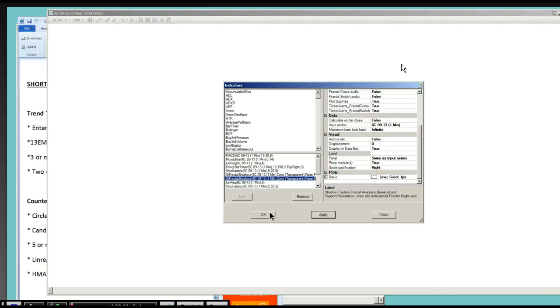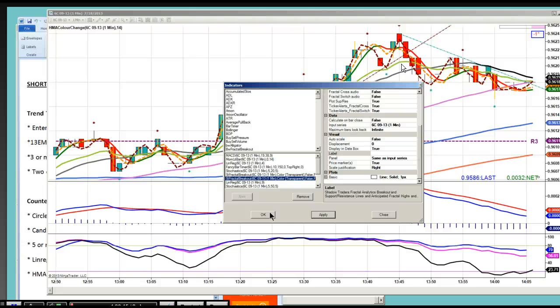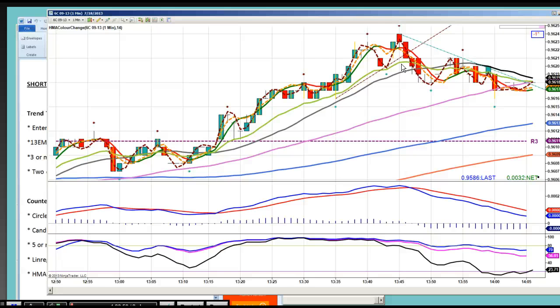And look, if you're just a counter trend trader, then take the other two fractals off. If you're just a trend trader, then take the other two fractals off if you only want to use two. It'll make your life a little simpler.